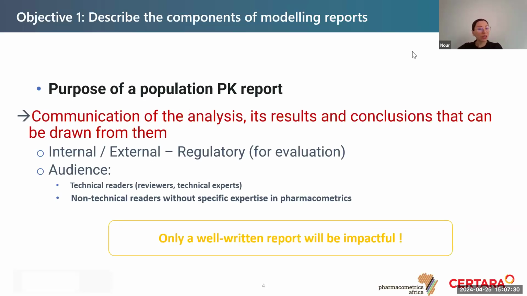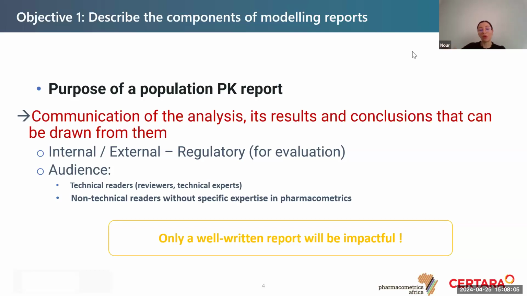For the first point, we learned that the purpose of a population PK report is communication of the analysis, its results and the conclusions that can be drawn from them. And we also learned that there are two uses of the report: the first one, internal use, and the second, external use, especially regulatory use for evaluation. One important thing is to pay attention to the audience you are talking to.